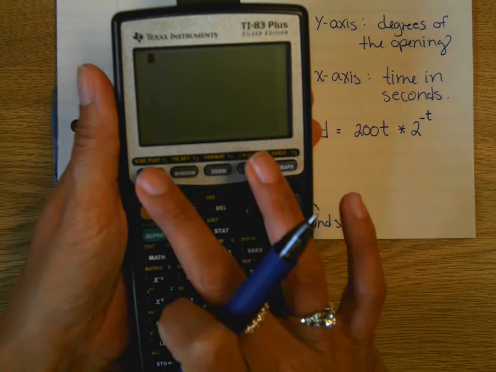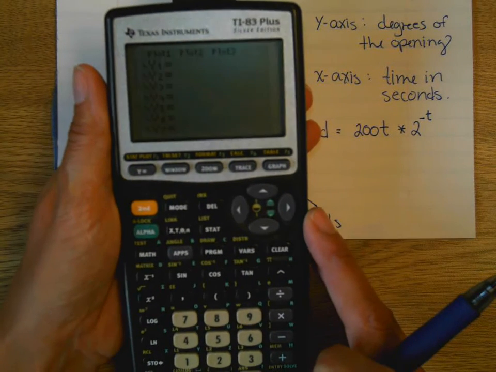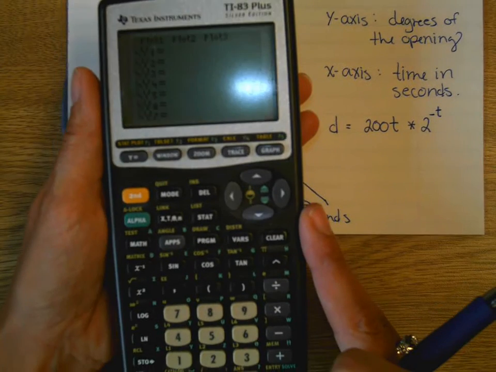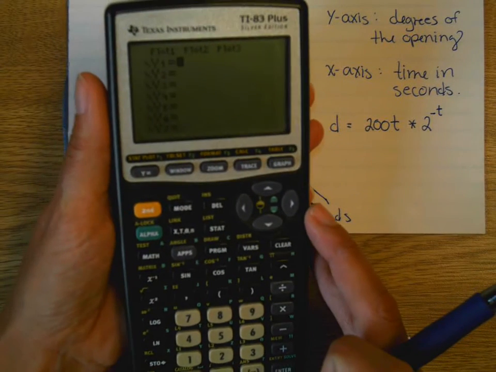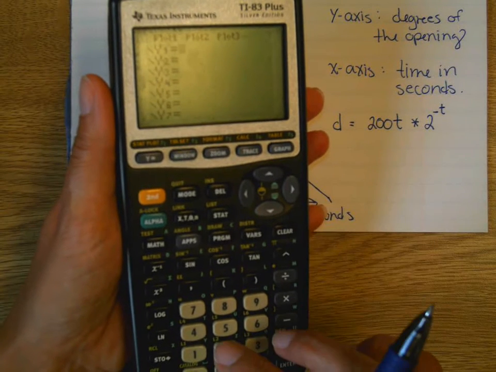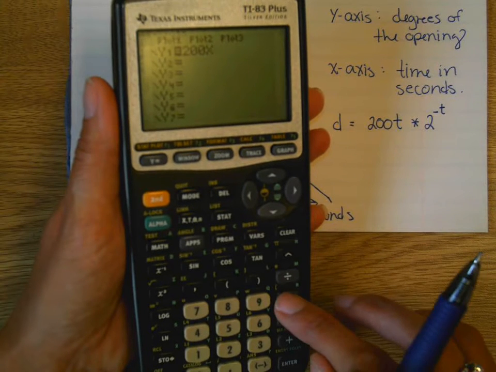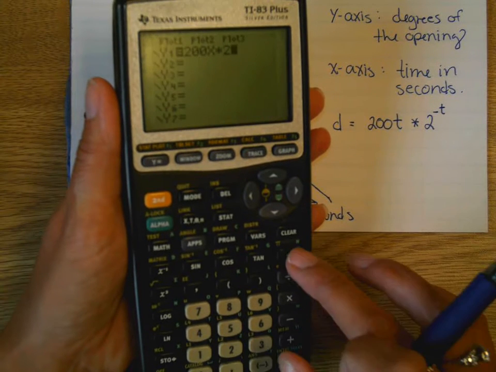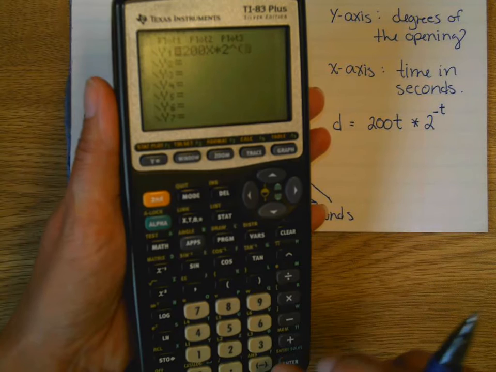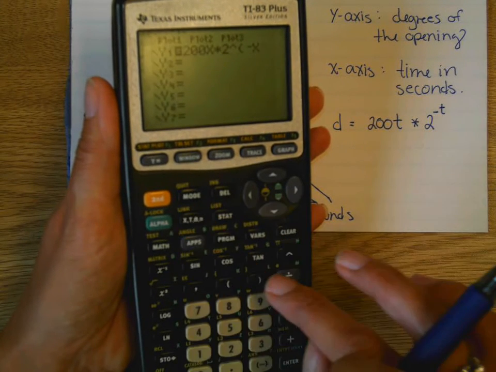Okay, go into the y equals. Type in that same equation: 200 x times 2 raised to the negative x.